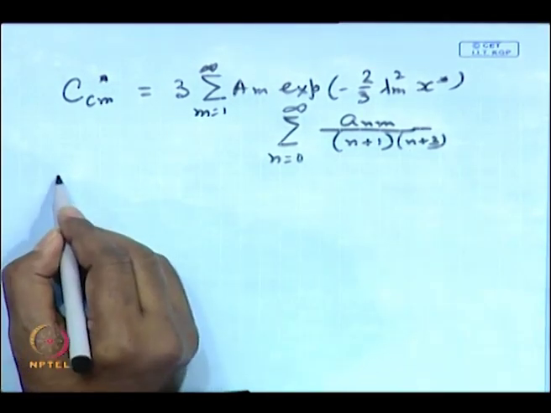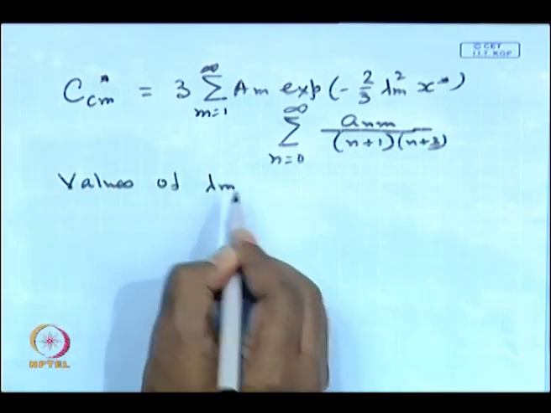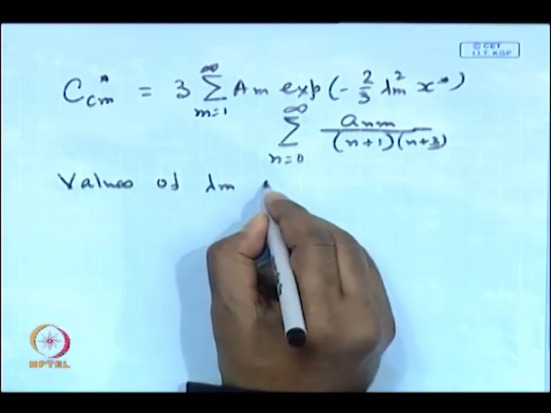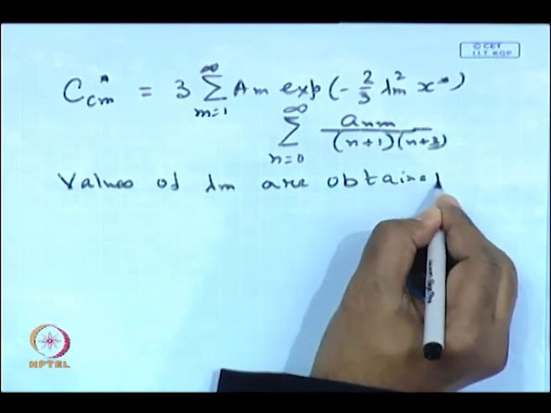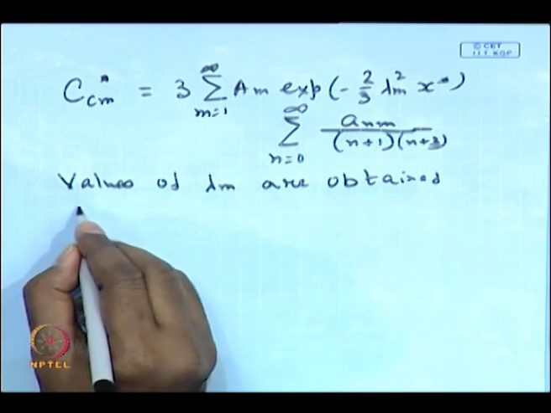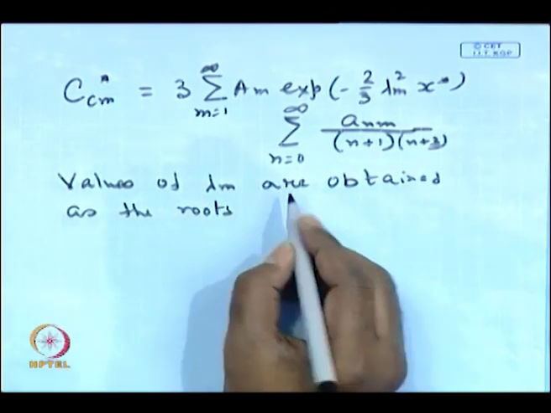And what are the values of lambda? The values of lambda m, that is, the eigenvalues of this problem, are obtained as the roots of a polynomial. What is that polynomial?